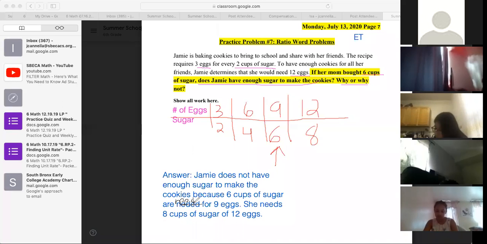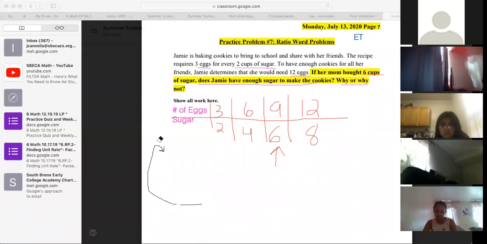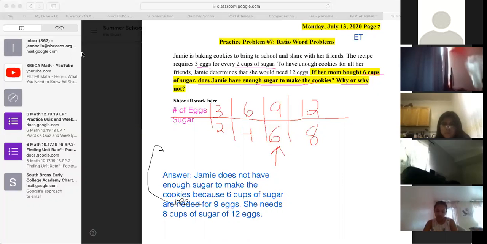N-E-E-D-E-D. I'm just going to write the correct spelling right here. Okay, this is how you spell needed. Okay, that's what that black line should be. Thank you.